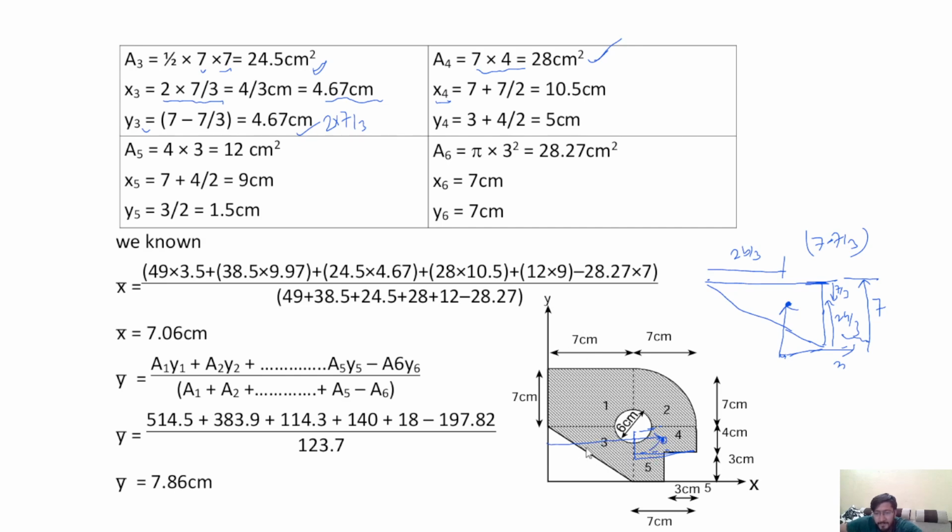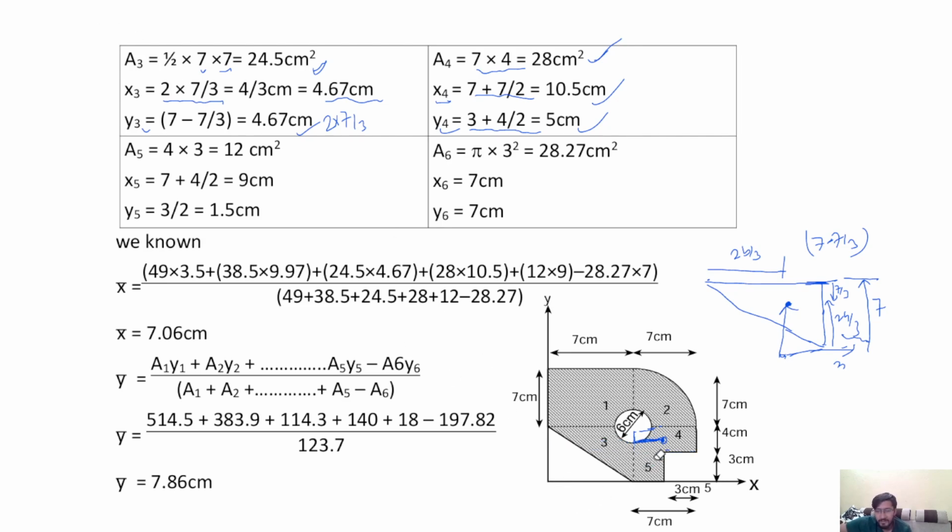That's why this is the distance 7, and these are the 7 by 2. That's why 7 plus 7 by 2 is equal to 10.5. y4 is the centroidal distance of this point, which is equal to 3 plus 4 by 2, which is equal to 5 cm.